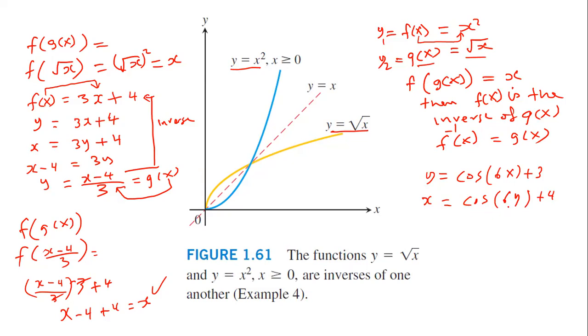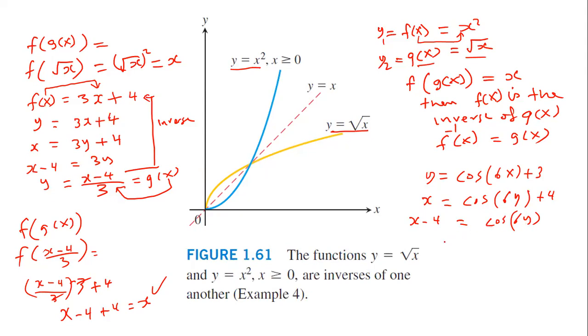And to solve for y, it's going to be a little bit tricky, but we could just move one at a time. So we'll put the 4 on this side, and on the other side it will be cosine of 6y. We want to take this 6y outside and then divide by 6.